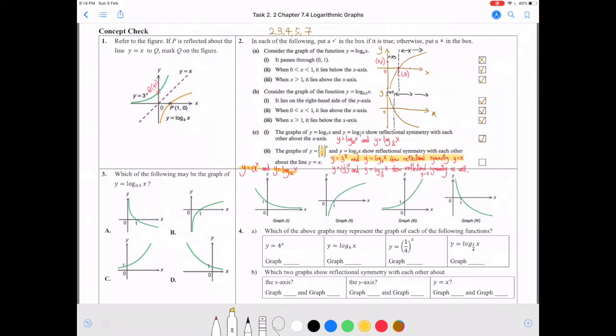Or we can say y equals 1/3 to the power of x and y equals log base 1 over 3 of x show reflectional symmetry about y equals x as well. But for these two, they didn't show reflectional symmetry. So, wrong, this one.